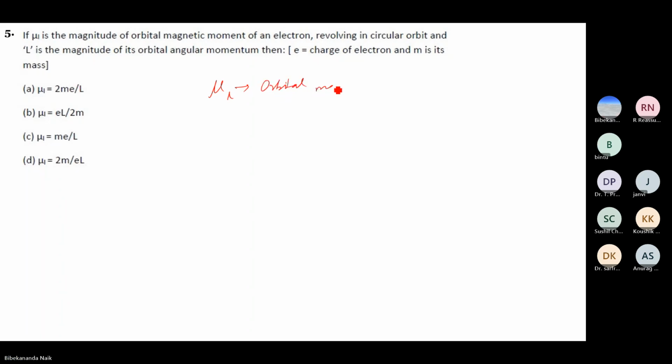So mu L is the orbital magnetic moment and L is the orbital angular momentum. What will be the relationship between these two?